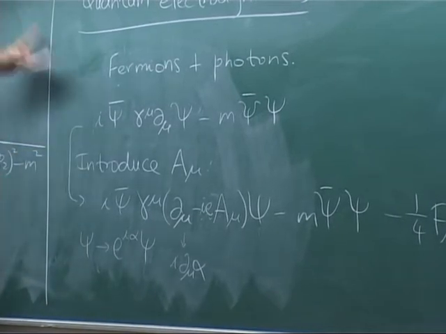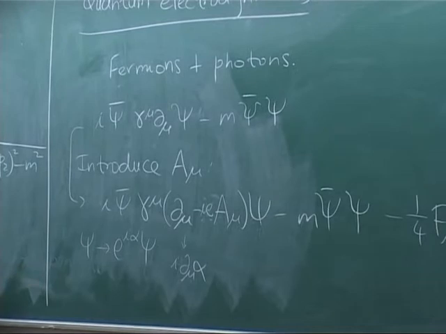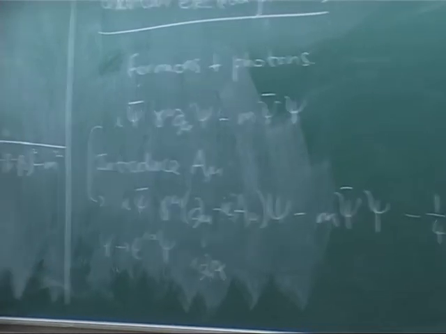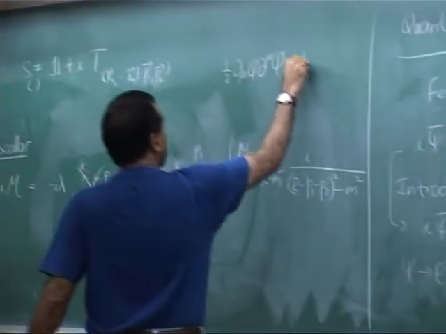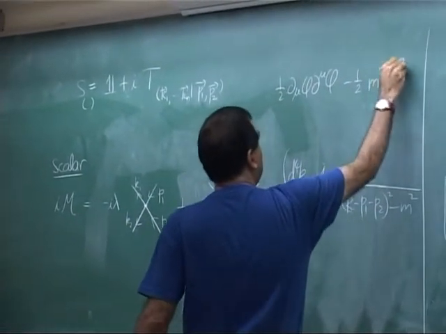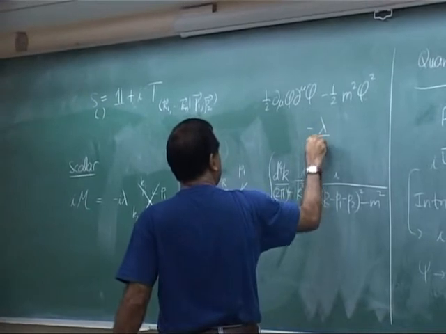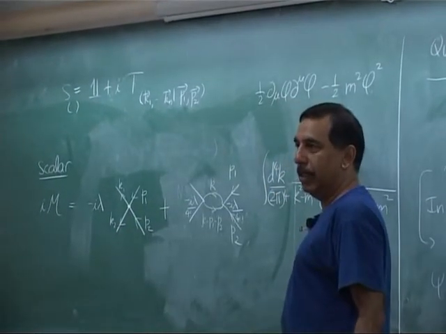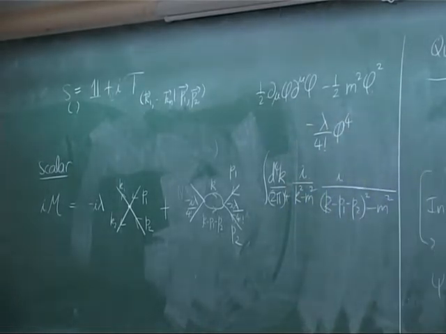Until the point when I drew this line, I was talking of scalar phi-4 theory with the Lagrangian half del mu phi squared minus half m squared phi squared minus lambda phi to the 4th over 4 factorial. You remember this theory? We discussed it in detail. Now I'm talking of the theory with this Lagrangian. It's a different theory, so you can't ask a question about this theory and that theory or the other way around.